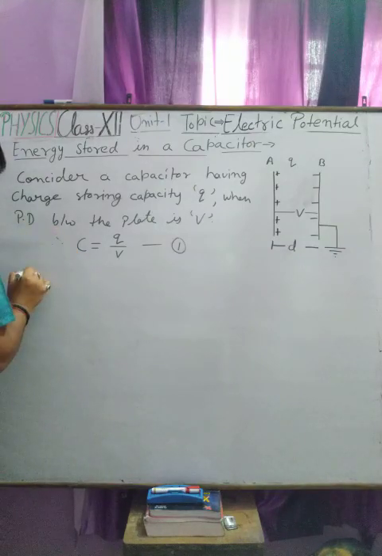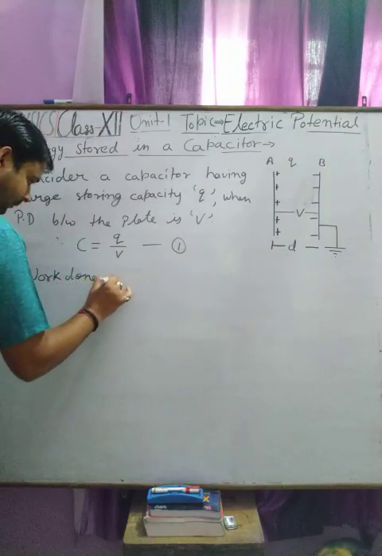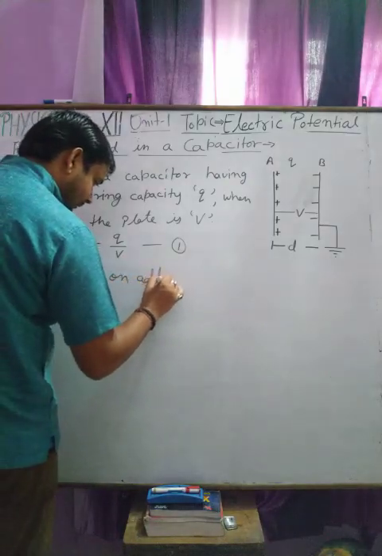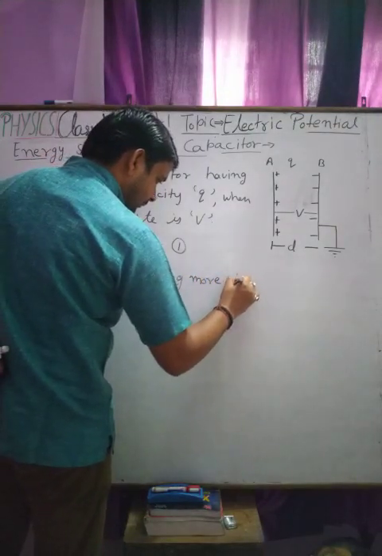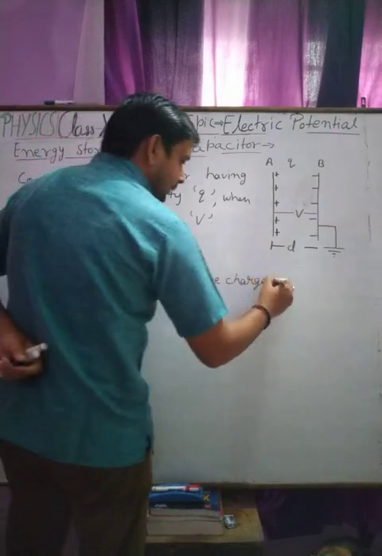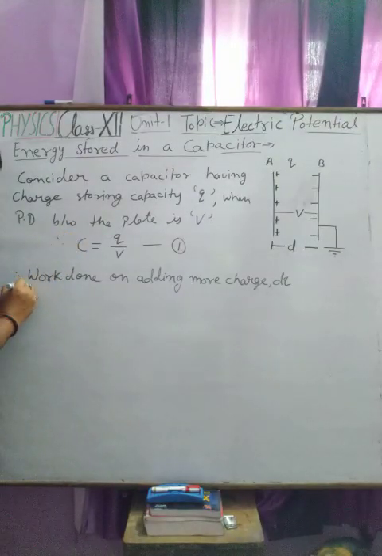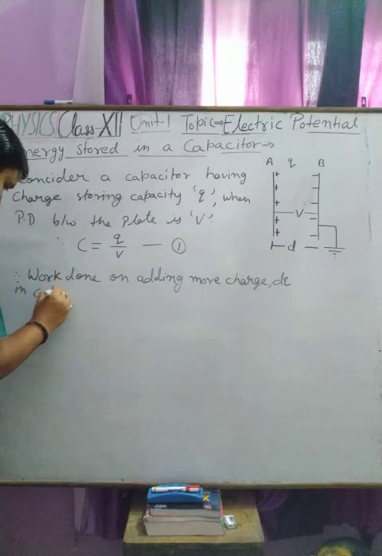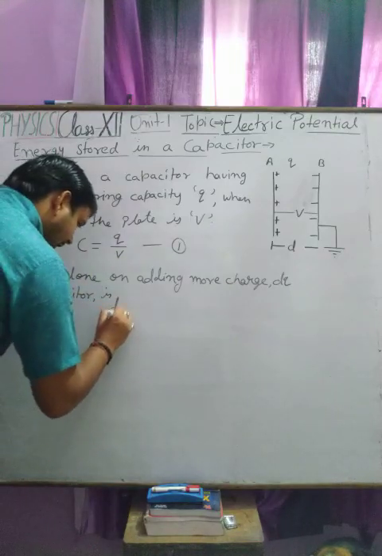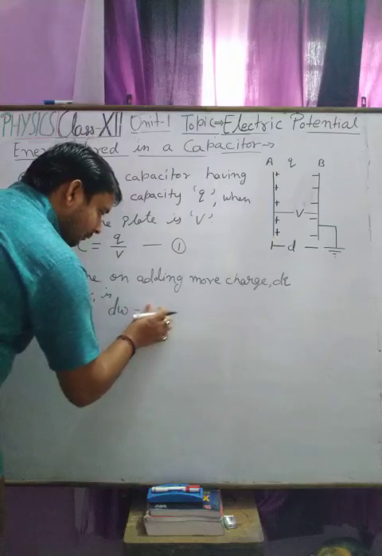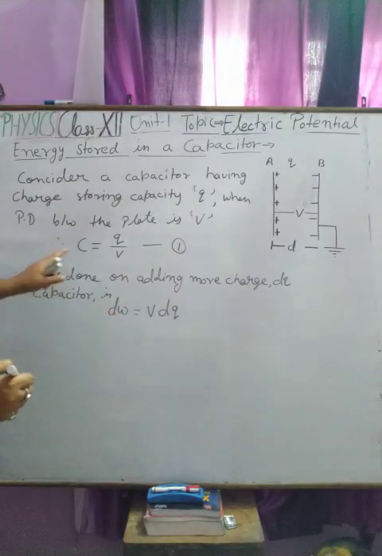Therefore, work done on adding more charge dq in the capacitor is dW is equal to V into dq.